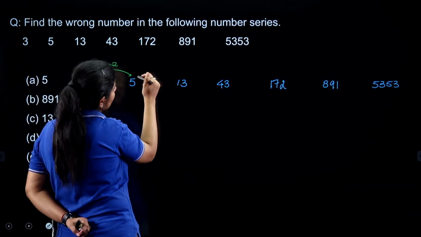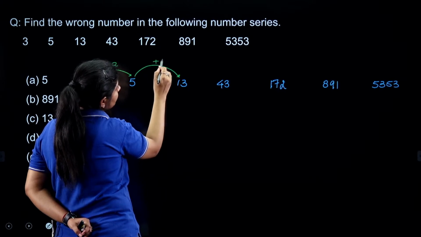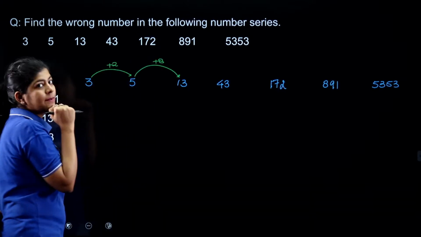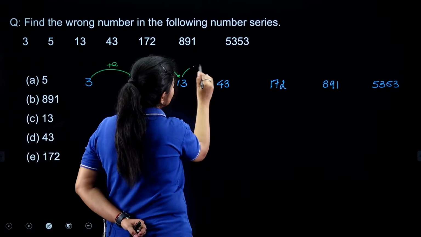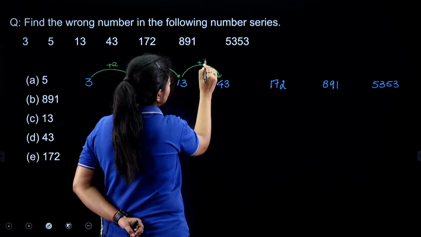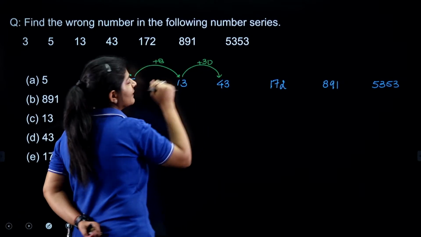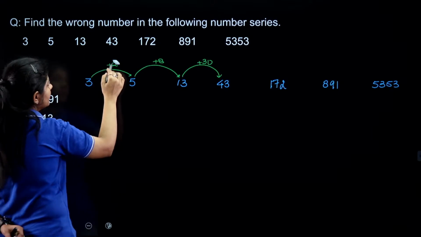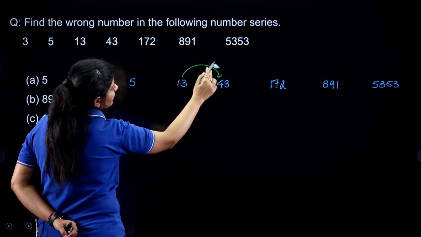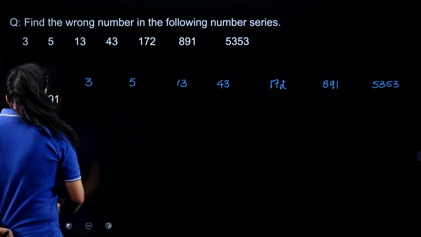But the difference between these two is quite greater than the previous one, right? That means we are not going to follow this concept. We need to change our approach.